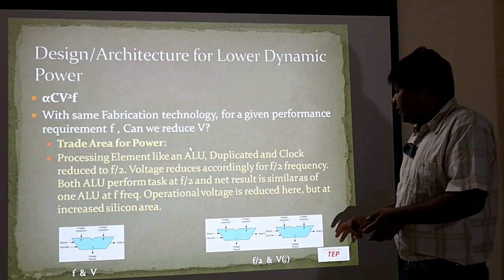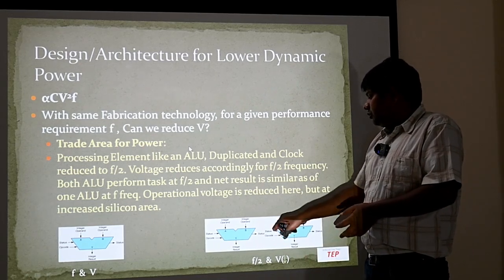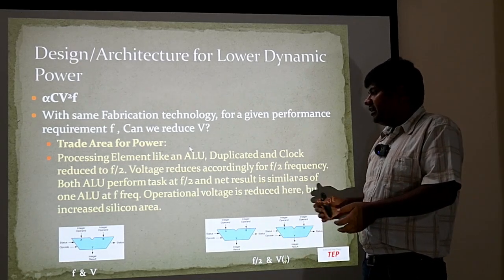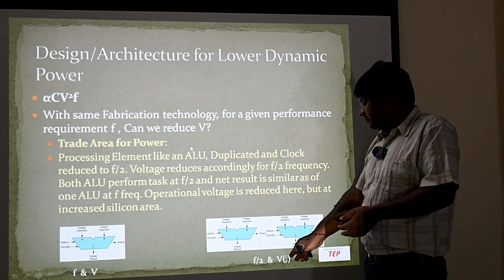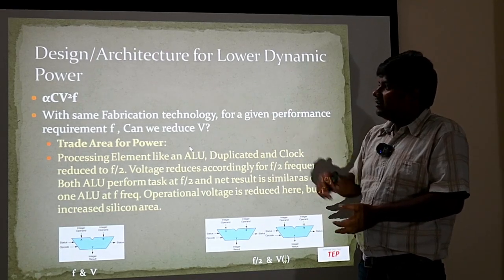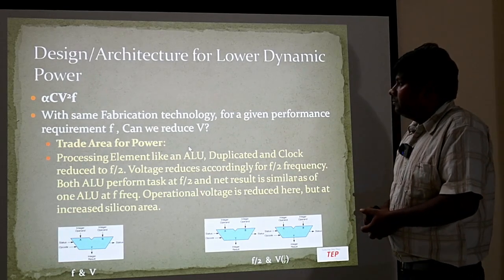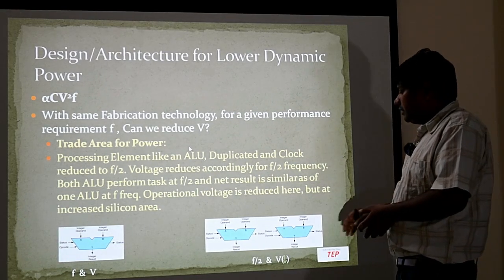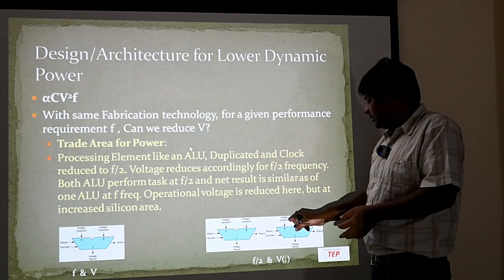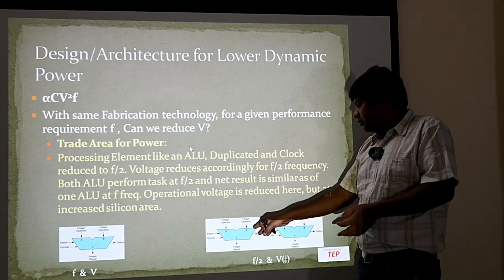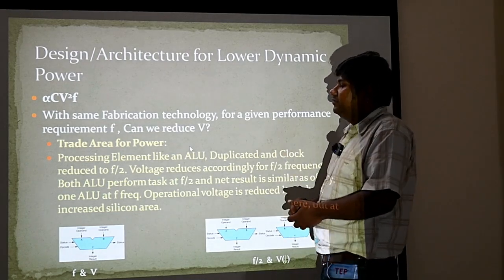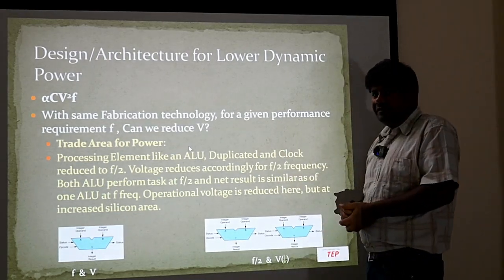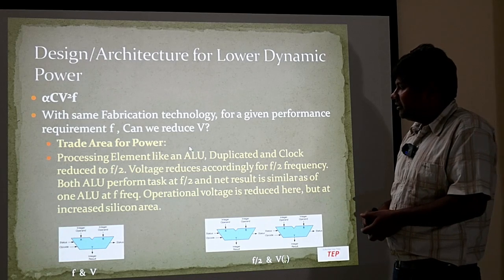But with two units at F by 2 I am getting the same performance, and voltage is less, and that is the factor of V square in the power dissipation. So I get the same throughput out of this circuit because this is F by 2 but 2 units, but my voltage has reduced, and that gives me a benefit in the overall power dissipation.